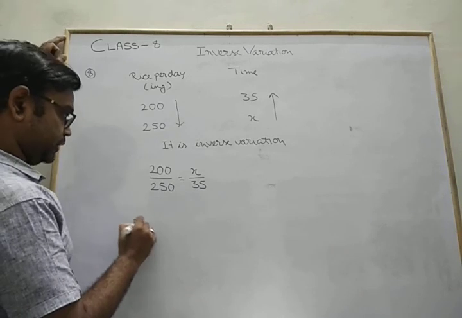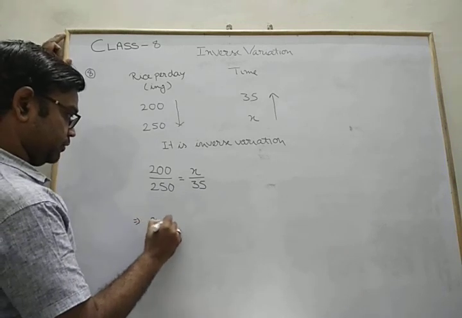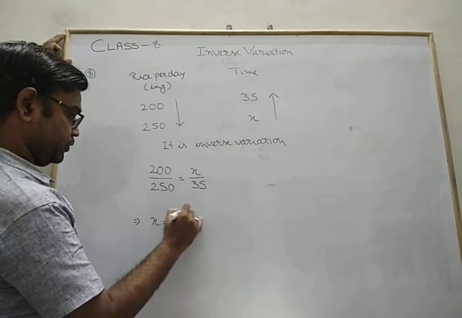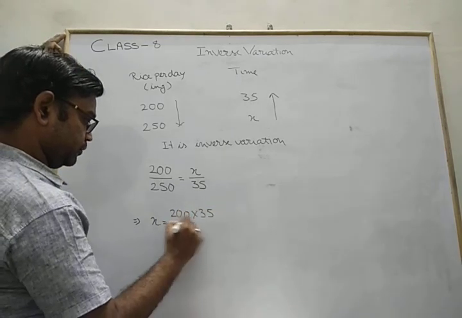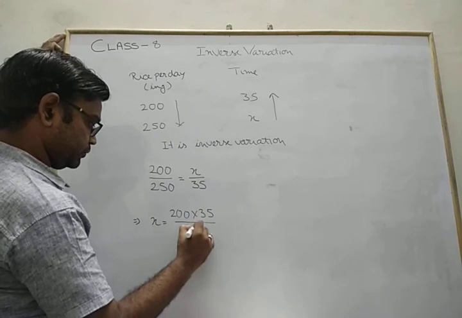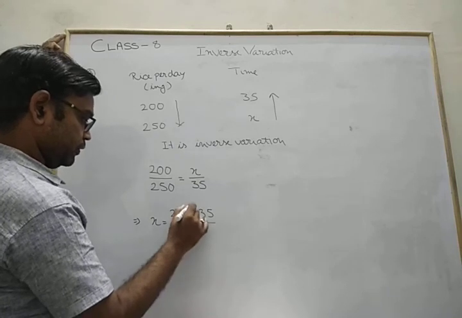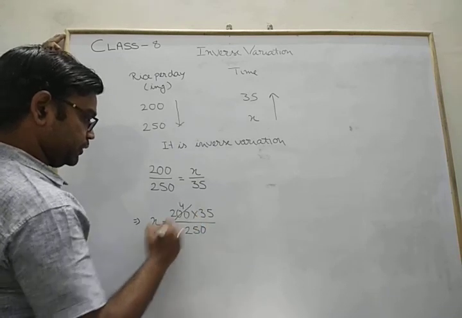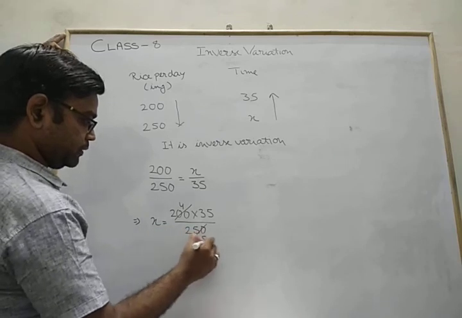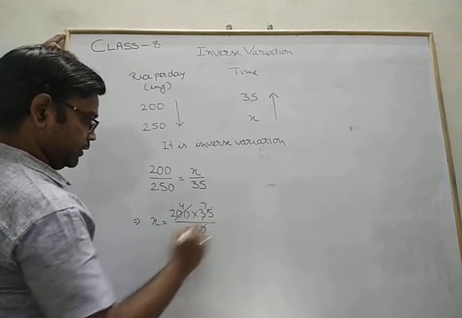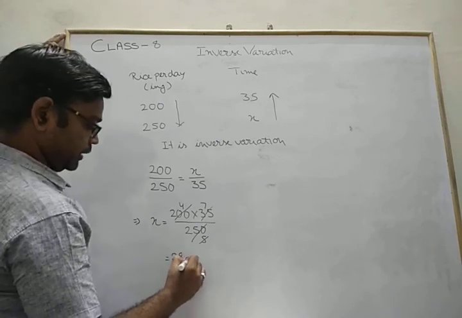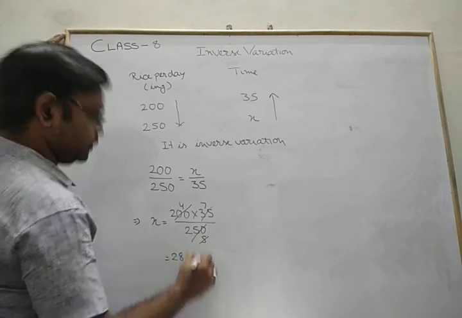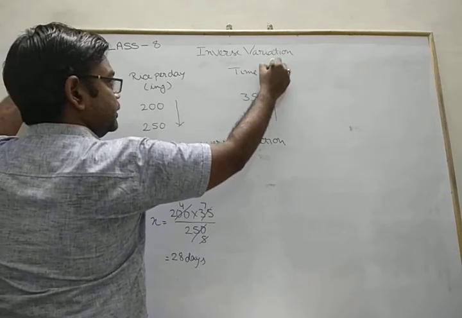It says that x equals to 200 into 35 by 250. 5 into 4 is 20, 5 into 7 is 35. It's 28. It's days, time in days. I forgot to write over here, it's time in days.